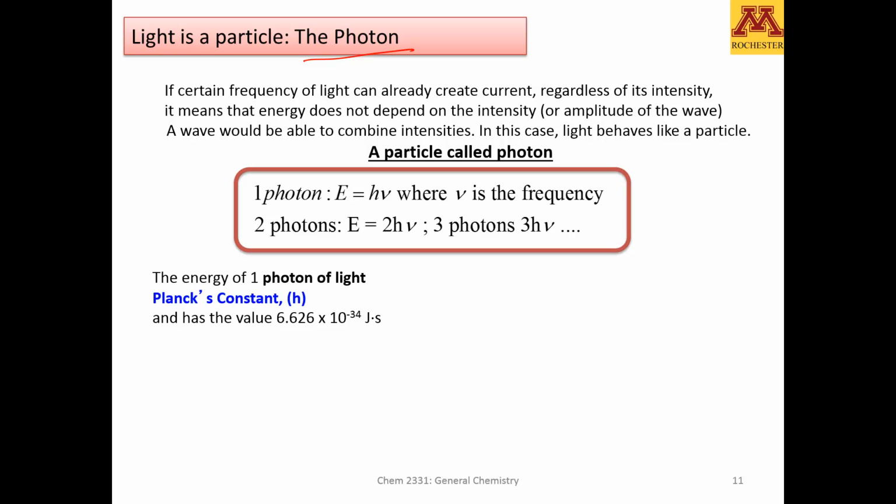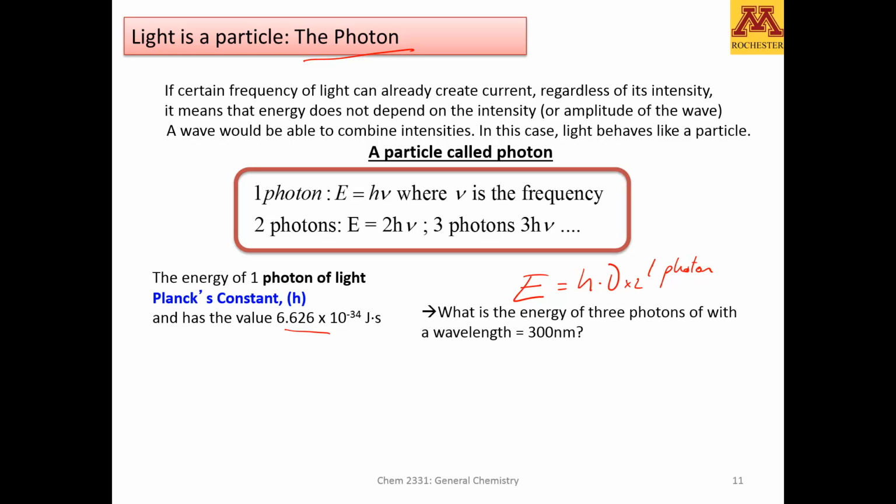This photon has an energy equal to a constant times its frequency. This constant is called Planck's constant due to Max Planck, and it's very tiny. This is the energy of one photon, and the energy of two photons of this frequency is just this times 2.